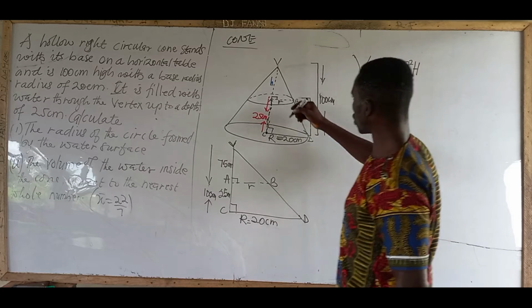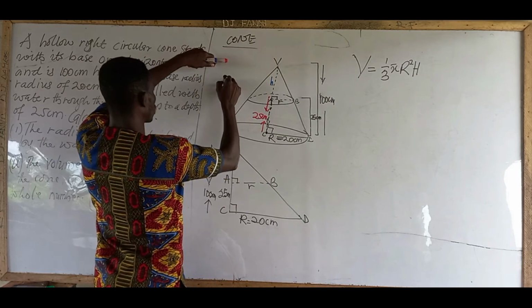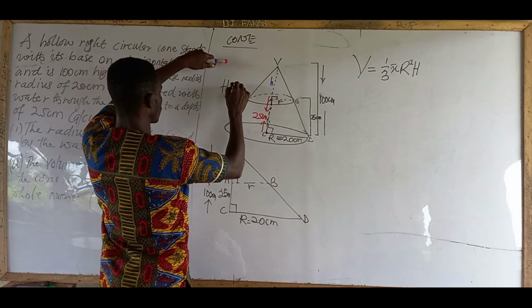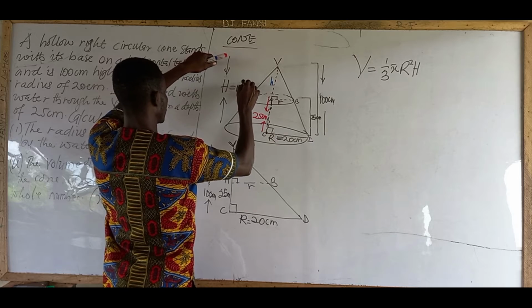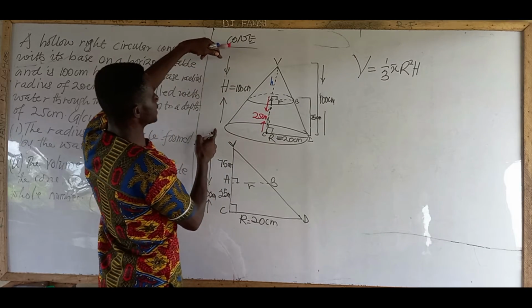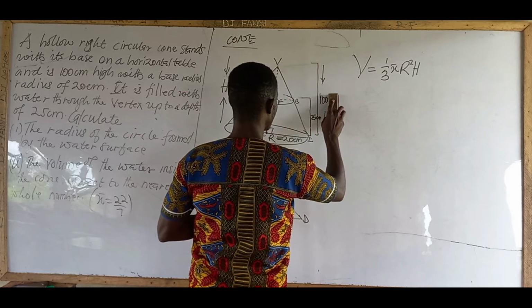I'll make it h because this one too has height. And the height of the whole cone, which is what? 100. This will be the height of the whole cone, 100 centimeters. It is written here, so this is 100 centimeters.